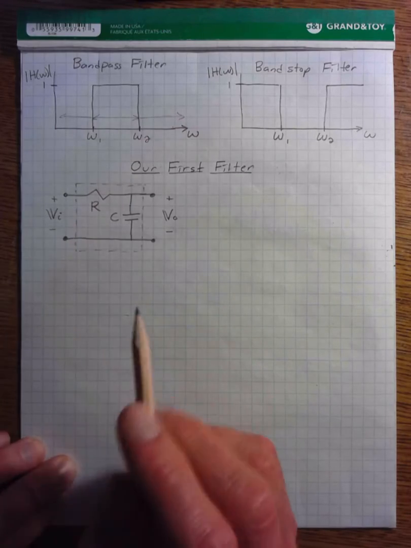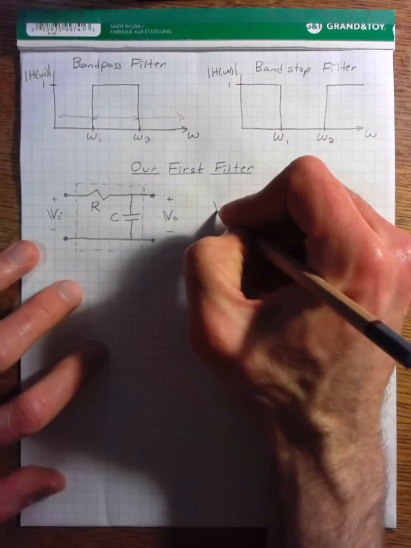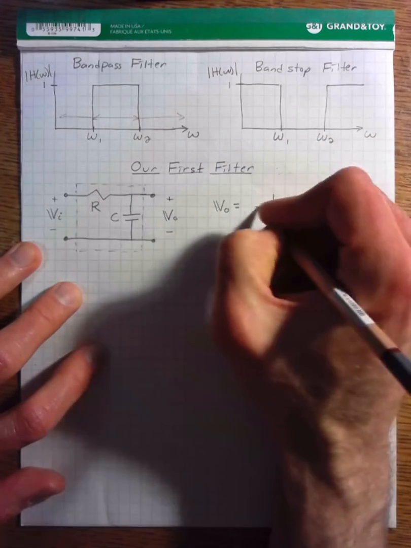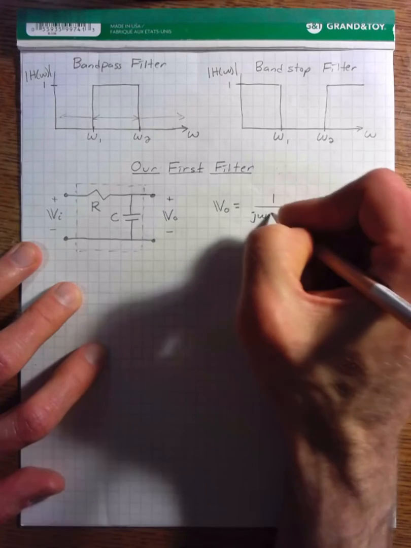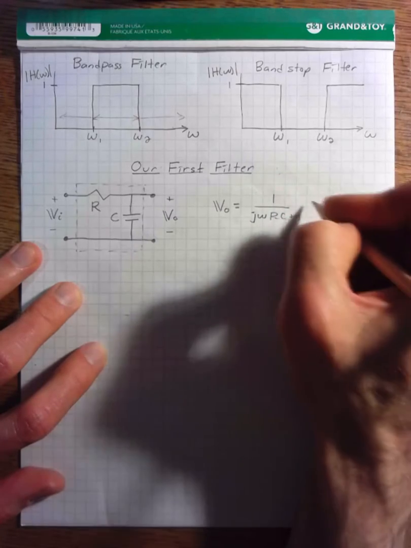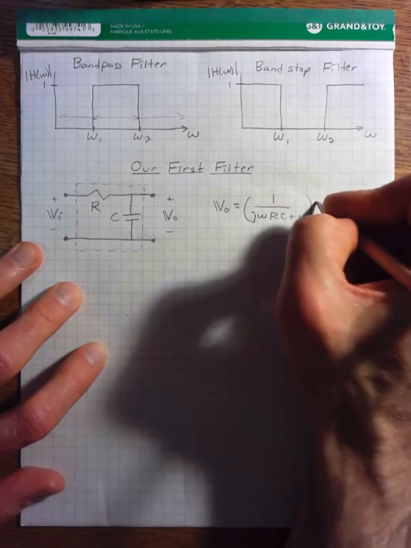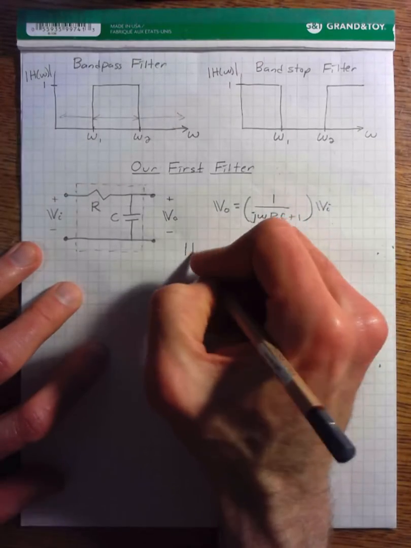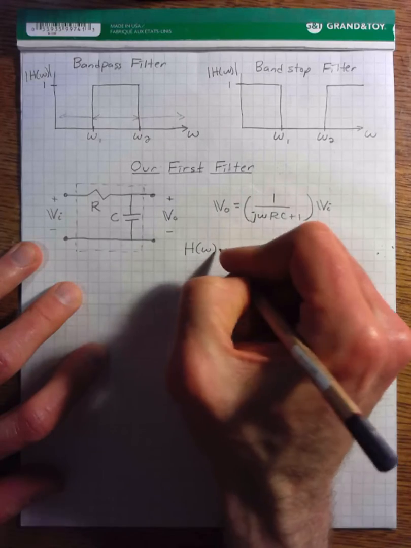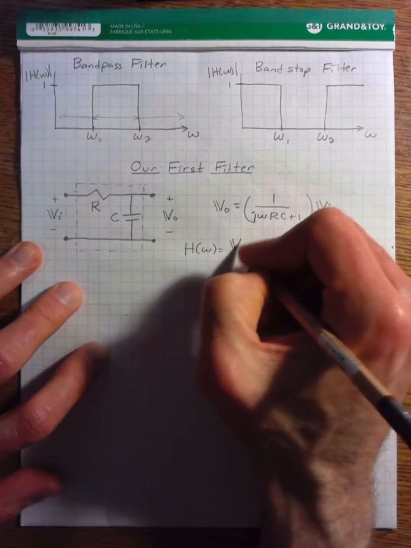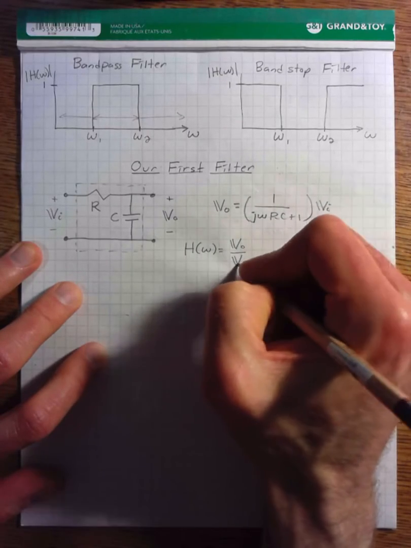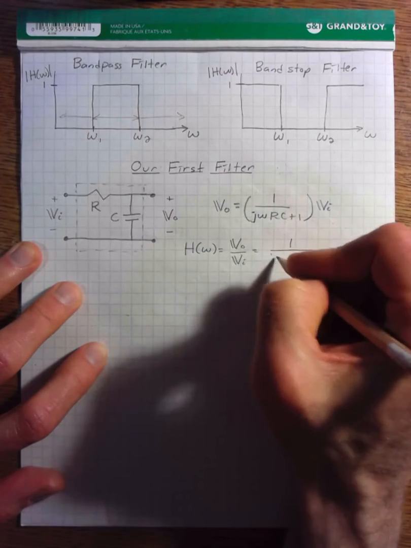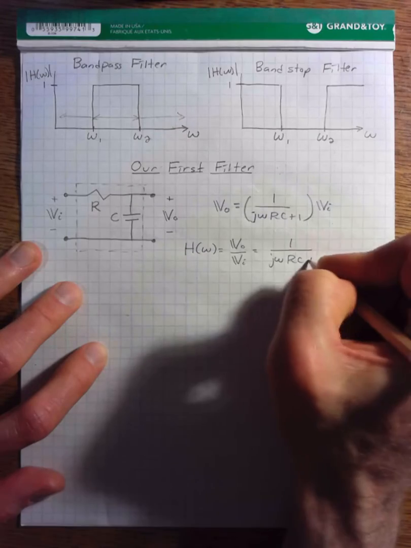Using that analysis, we saw that the output voltage is equal to 1 over j omega RC plus 1 times V in. In other words, our frequency-dependent transfer function, V out over V in, is equal to 1 over j omega RC plus 1.